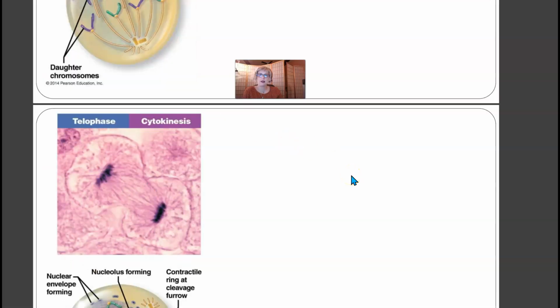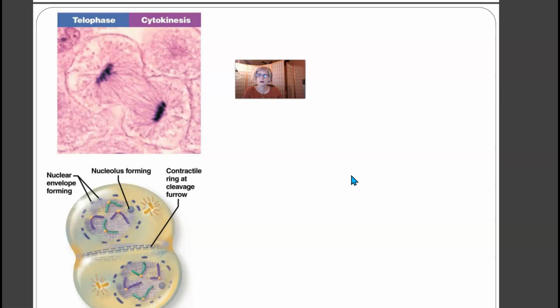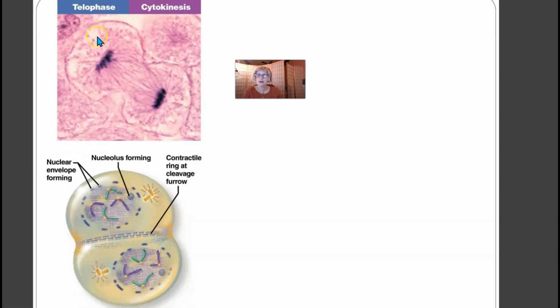The next and final phase before cytokinesis, which is cell separation, is telophase. Telophase is the last phase where the cell is now pinching in. We call that the cleavage furrow. It's a contractile ring that forms. And you can see in the center, the chromosomes are kind of gathered together. You could still see the spindles.